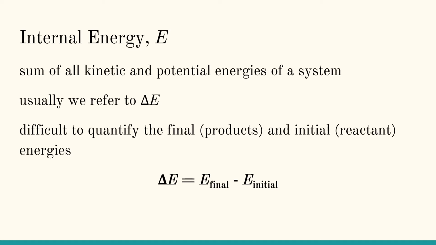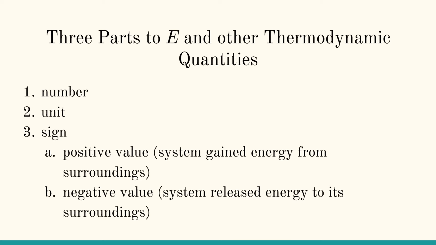So that's how we kind of calculate where the enthalpy calculations come from. So I just want you to have kind of a background information about it. Really, the other thermodynamic quantities we're going to study.